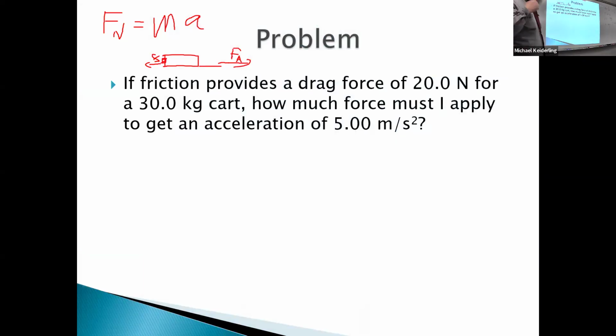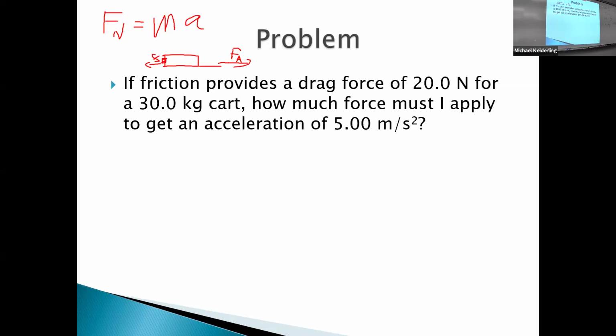So, if friction provides a drag force of 20 newtons for a 30-kilogram cart, how much force do I have to apply to get an acceleration of 5 meters per second squared? The general idea here is you'll figure out the total force from the acceleration and the mass, and then you'll work out how much force has to be applied, assuming there is a drag force from friction, which will be negative.